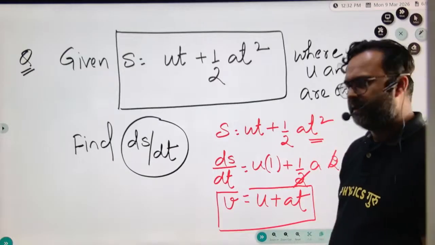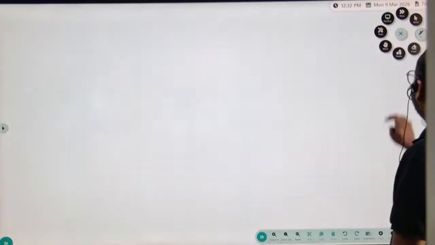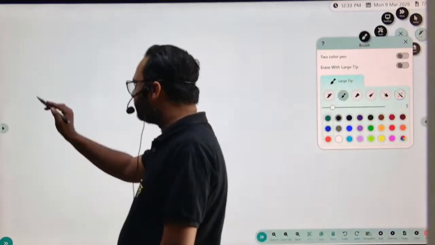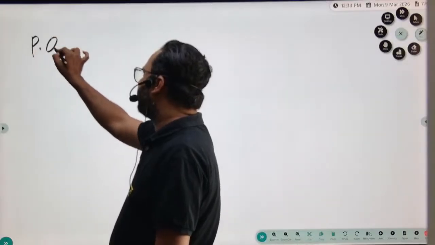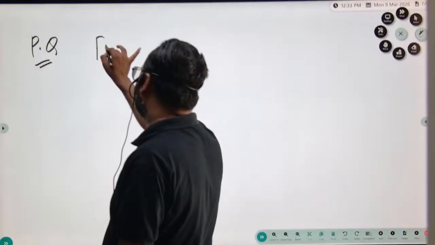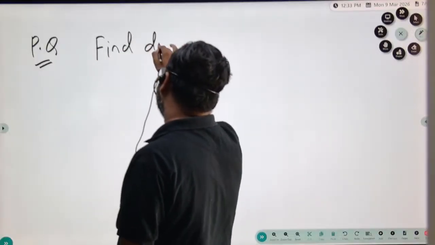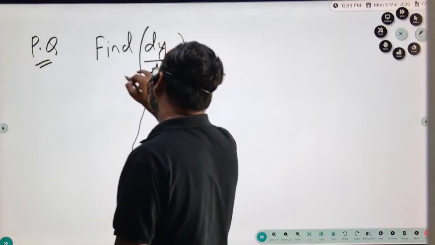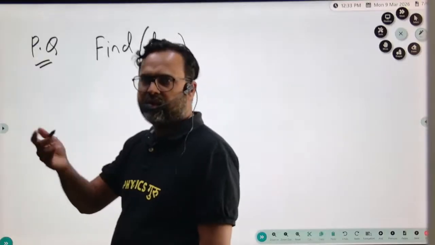Yeah, done. Okay. Now question for practice. Practice questions. Find dy by dx for the following.